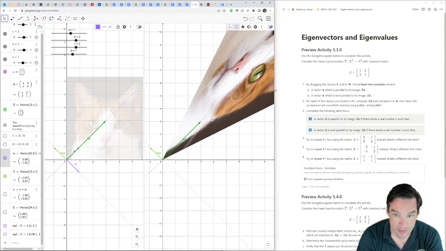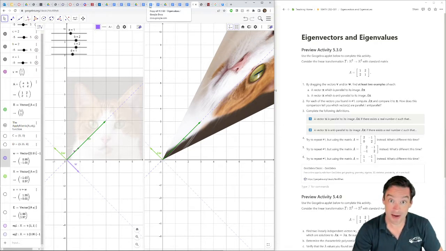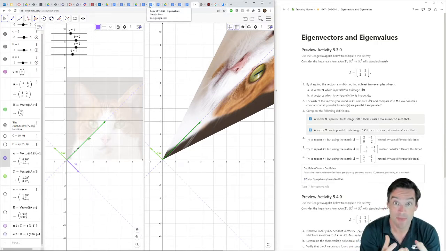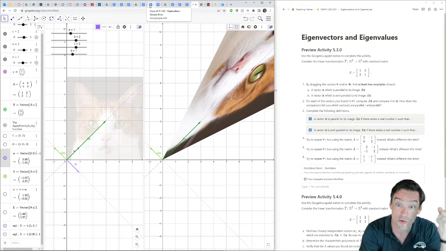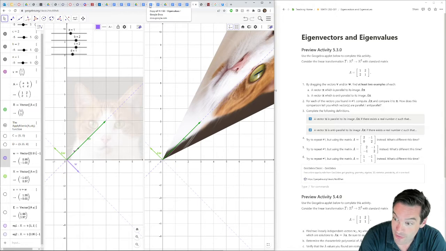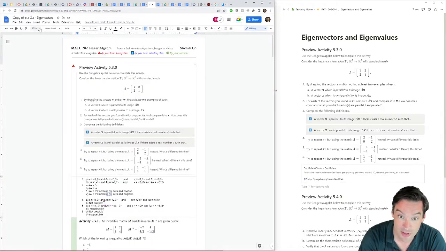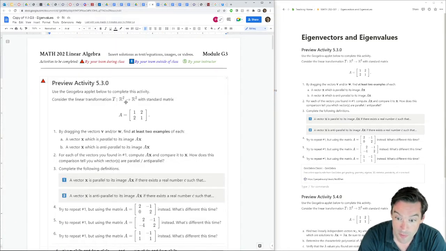And so what becomes interesting is how we operationalize that as an algebra question, right? It's pretty clear as a geometric question, and we can do it if we have this tool. We can drag the vectors around and see where they go, right? But it's when we want to turn that into an algebra question that things start to get a little bit more interesting.